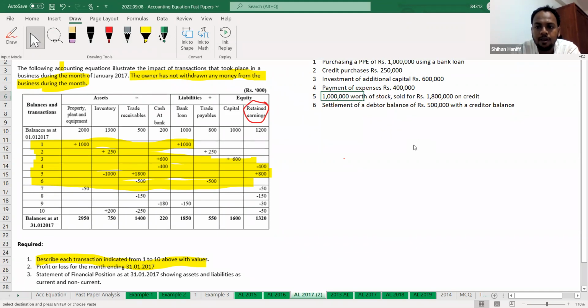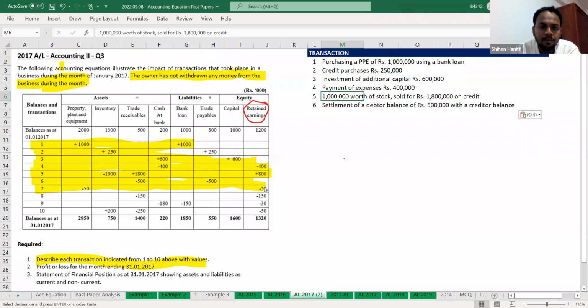Can we say set off? Yeah, you can say set off of debtor balance with a creditor balance 500,000. Set off or setting off a debtor with a creditor 500,000. You can say like that.